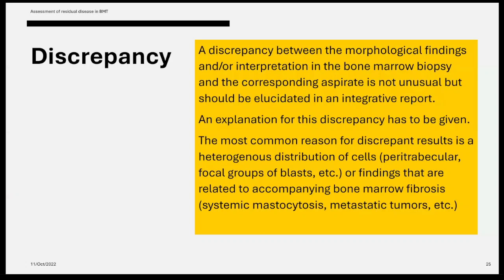So the second person, whether reporting the aspirate or the trephine, must always make a comment: please correlate with trephine, for example. Just like when we report cytology, FNAC versus biopsy.